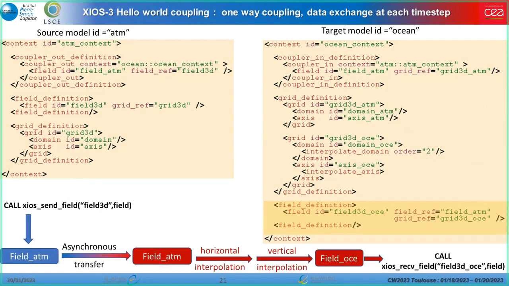And so, with this, you have the full workflow. You send your field from your source model, asynchronously transferred. You make the horizontal interpolation on the destination context, the vertical interpolation, and so you can get your field inside your model with XIOS receive field.